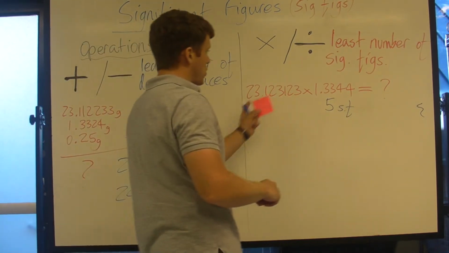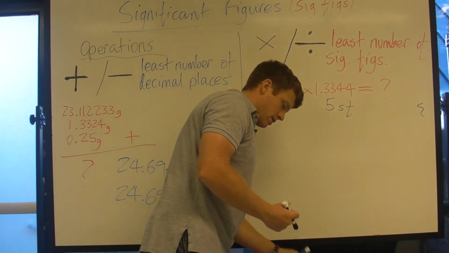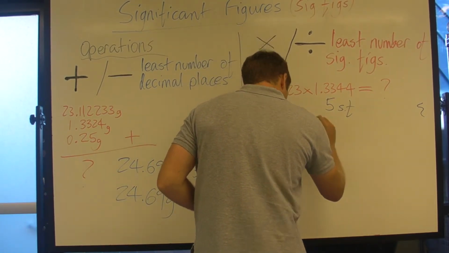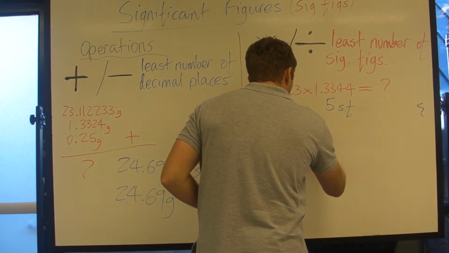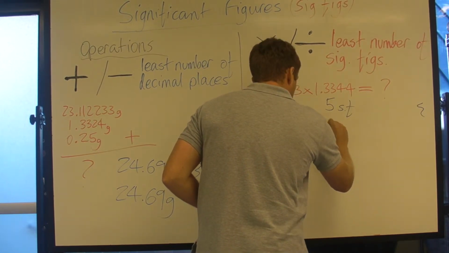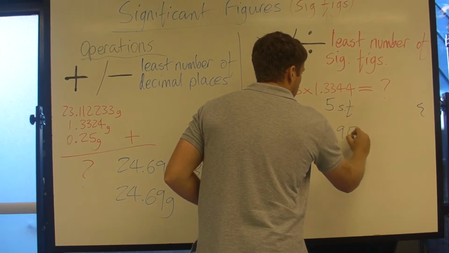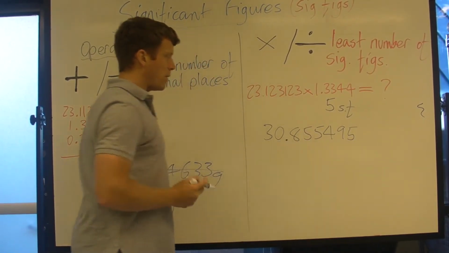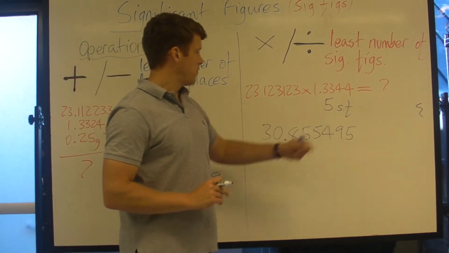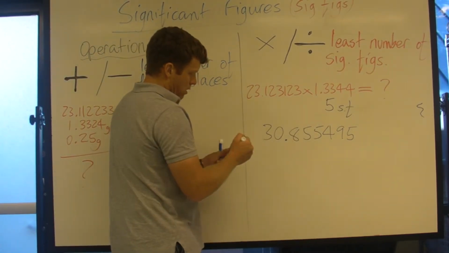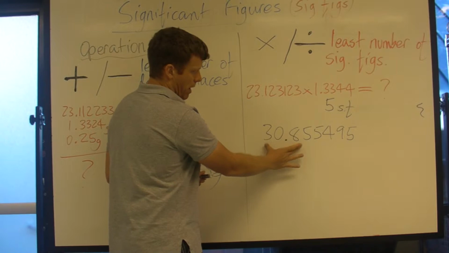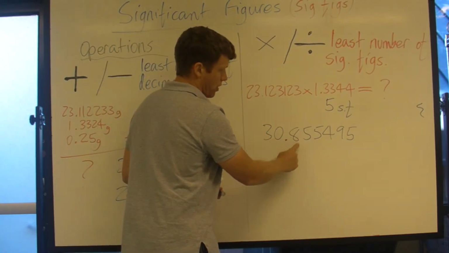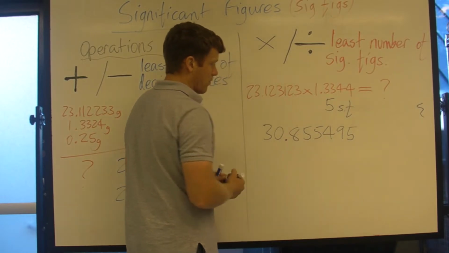So you do this on your calculator, and the result that you get is 30.8. So what we need to do is count 5 significant figures. So remember that because you've got this 0 in between 2 other numbers, it's significant. So we've got 1, 2, 3, 4, 5 significant figures.